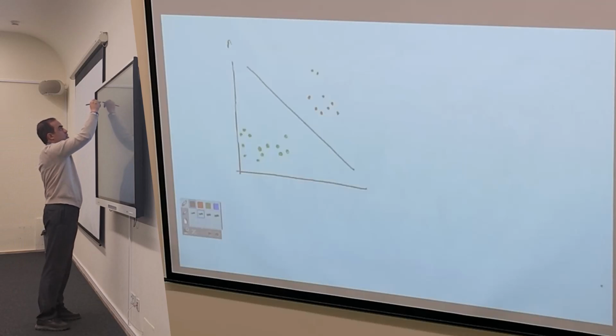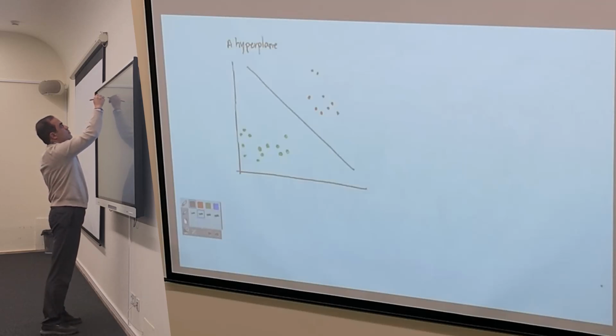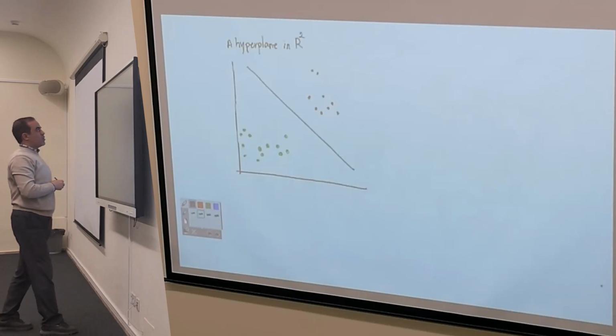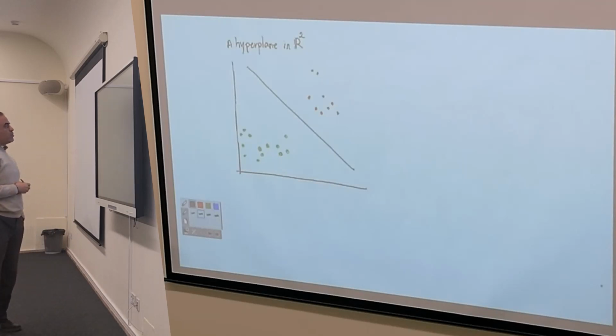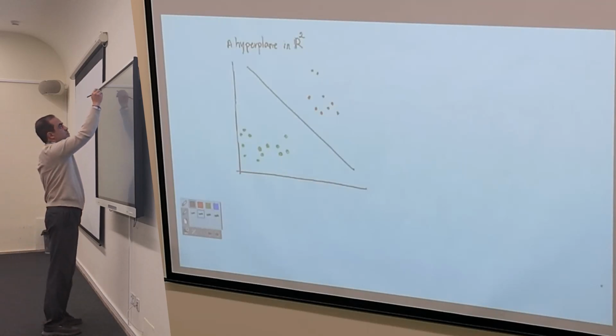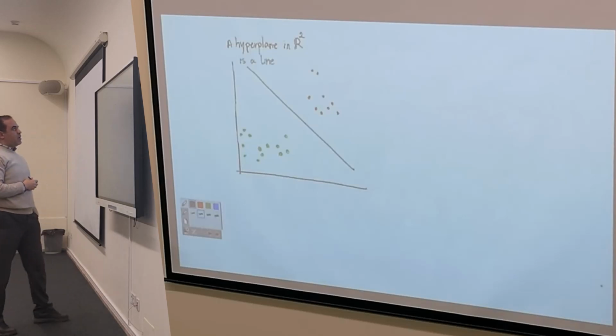So a hyperplane in R2, that is what? That is a line.